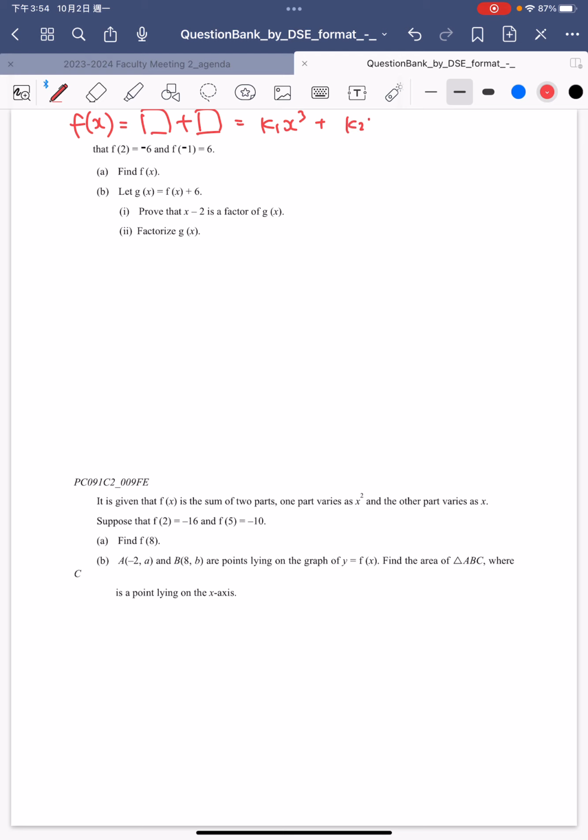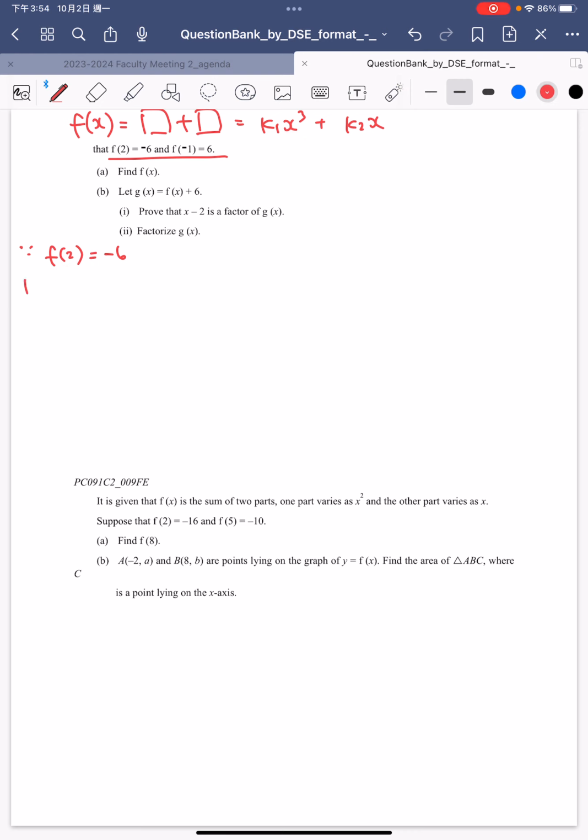So we have k2 x. Now the conditions give you f(2) is equal to -6 and f(-1) is equal to 6. So we can just substitute x to become 2.